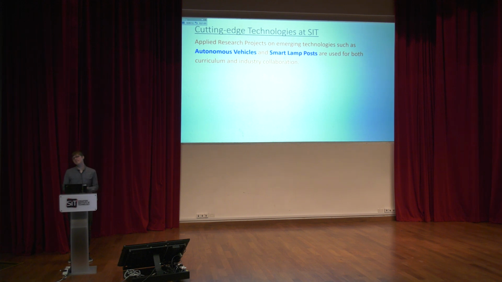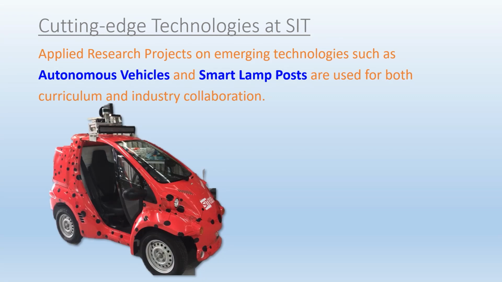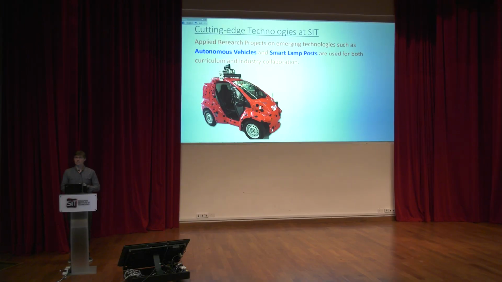And just to give you two examples from our computer engineering program, we have a fully functioning autonomous vehicle, a self-driving car, basically, which we are using to demonstrate for particular modules of the program to show students how the development of such self-driving cars works, how the operation of such self-driving cars works, what are the risks, what are the opportunities.